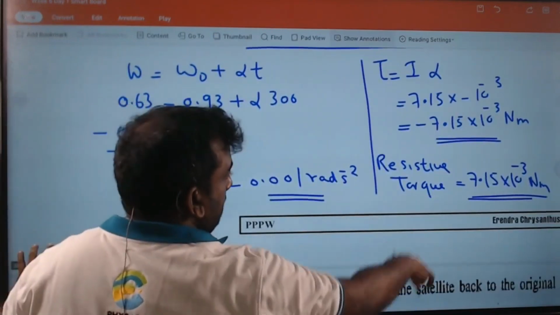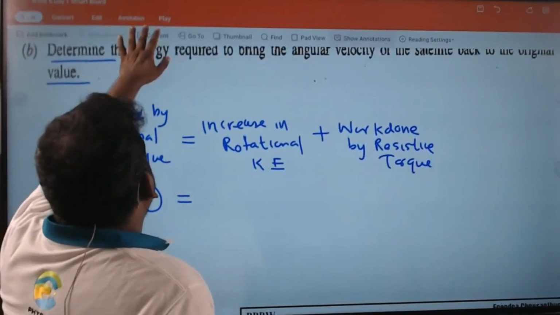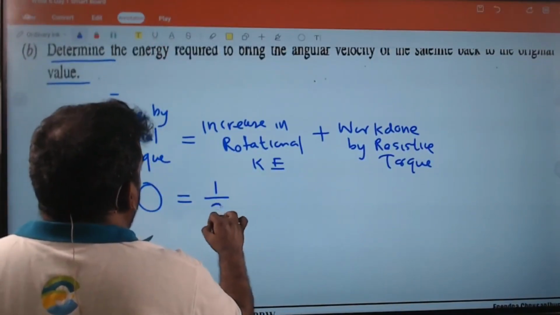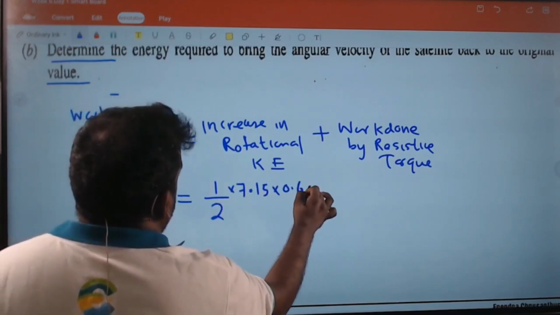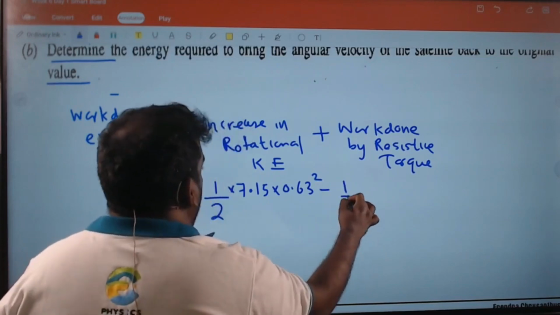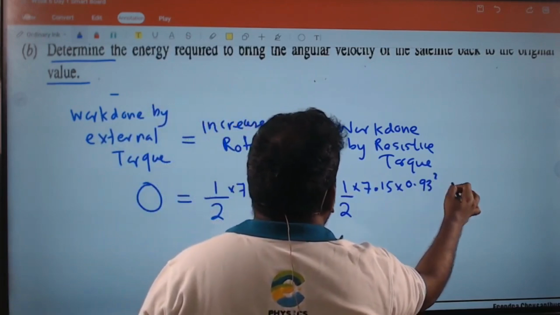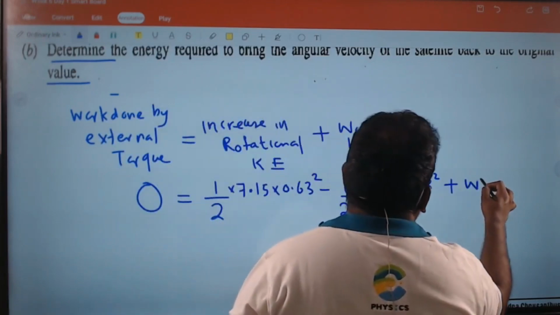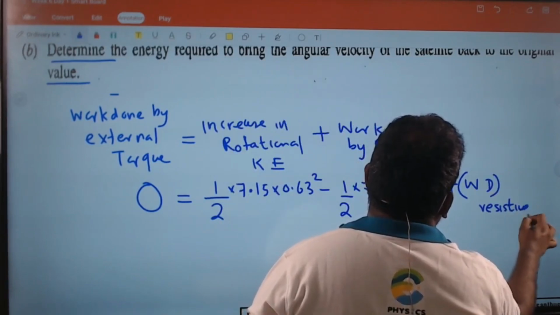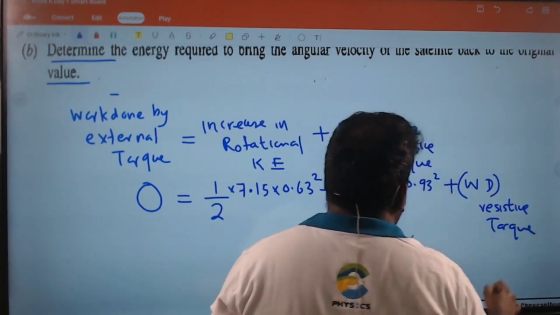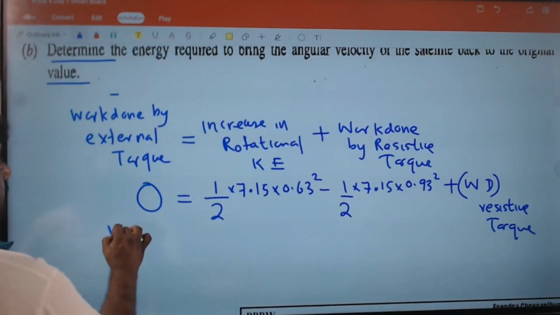Yes, there is a resistive torque. Increase in rotational kinetic energy is final rotational kinetic energy minus initial rotational kinetic energy, equals work done by resistive torque. There is no external torque, so that means velocity will decrease.